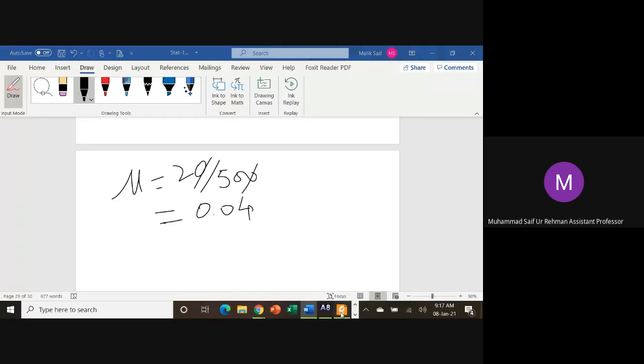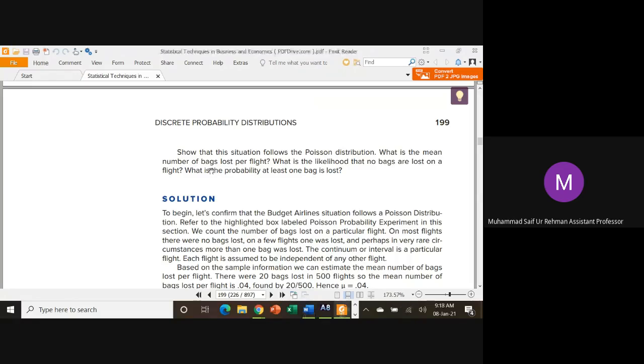Then what is the mean number of bags lost per flight? Answering this question, you can say that the probability of success is so small, it is 0.04. And the number of total flights is 500, that is so large as compared to the probability of success. So therefore, this is a distribution that we call Poisson distribution.